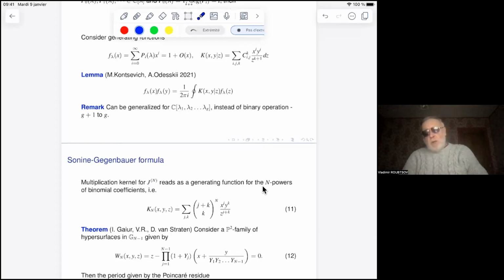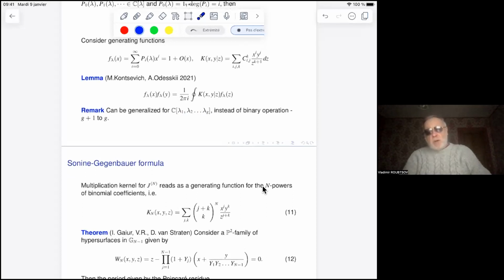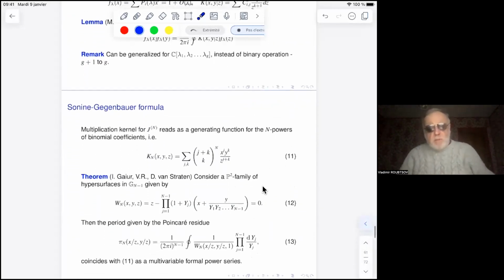That means that we can use, instead of polynomials in one accessory parameter, the polynomials of n or g accessory parameters. So in our formula we have a reduction from g plus 1 to g, and then from g to g minus 1, etc. We can always use the same story, the same kernels, to reduce the number of integrals like in the initial Abel theorem.